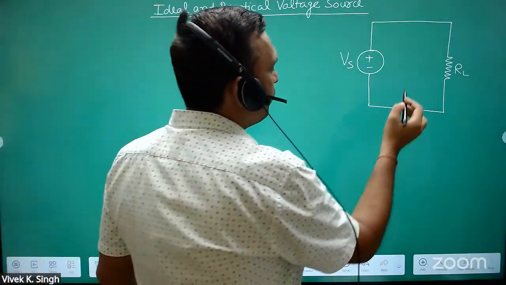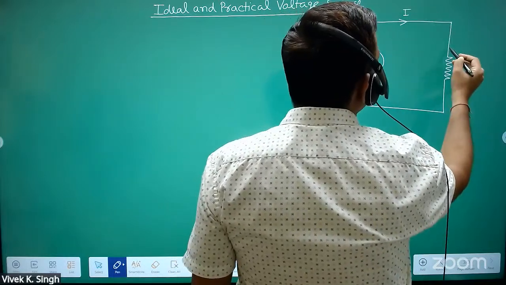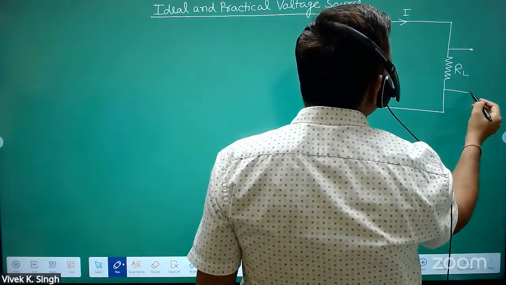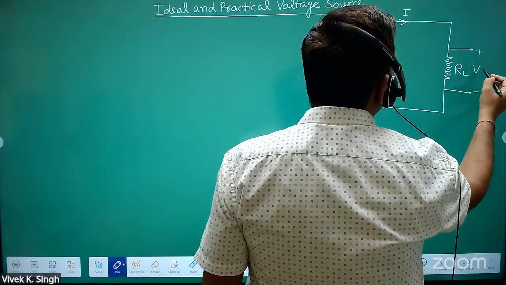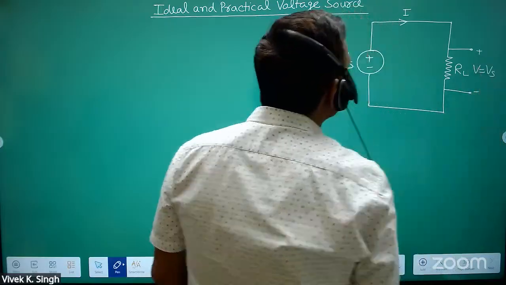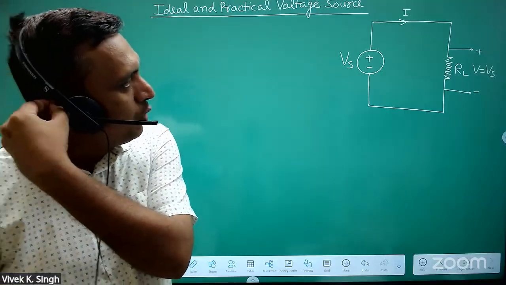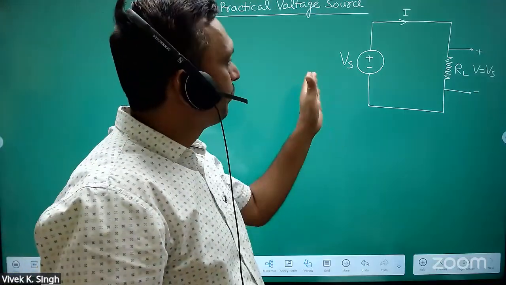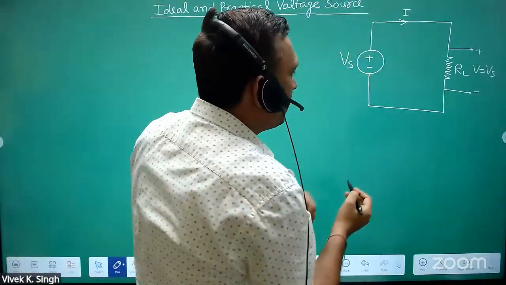Let's say this current is I. So what will be voltage across this? This voltage is equal to Vs. है कि नहीं? I will talk about KVL. Because there is no drop across it, you know that.